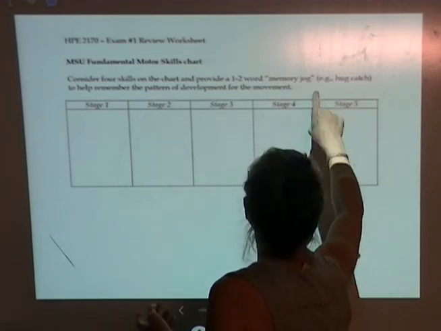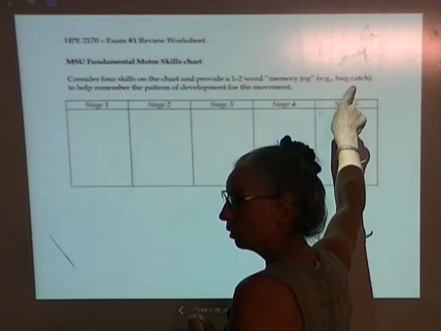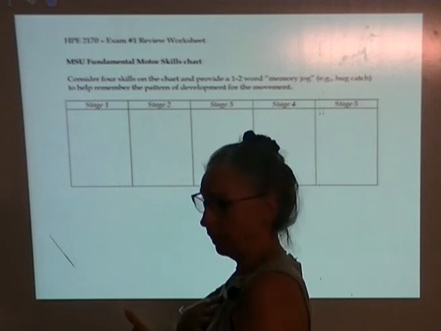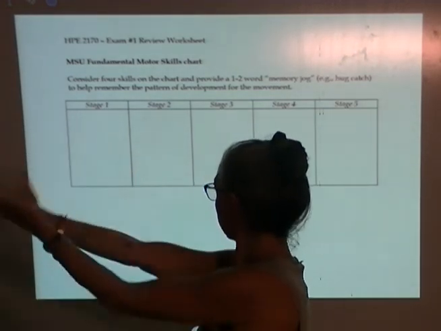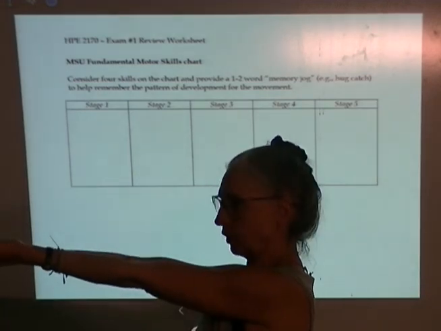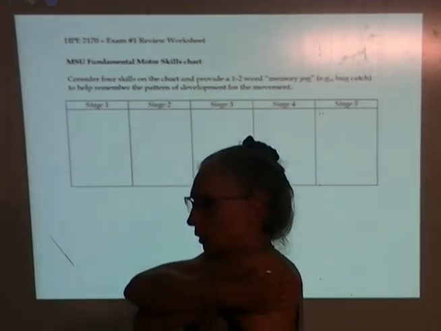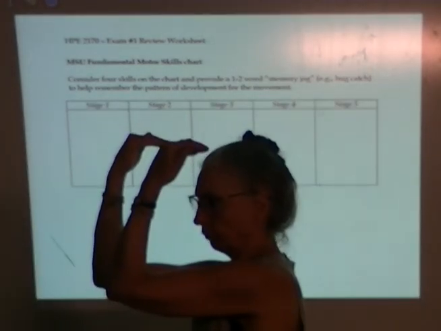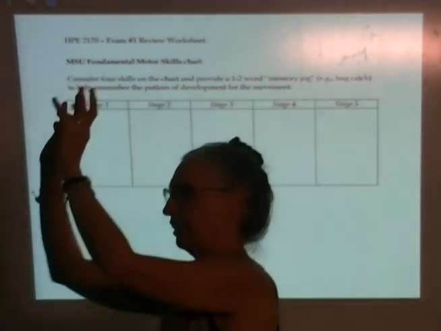Right? So the example here is a hug catch. Right? So for me, my words are non-responsive or straight arms, hug, stage 3 is scoop, stage 4 is hands, and stage 5 is movement.